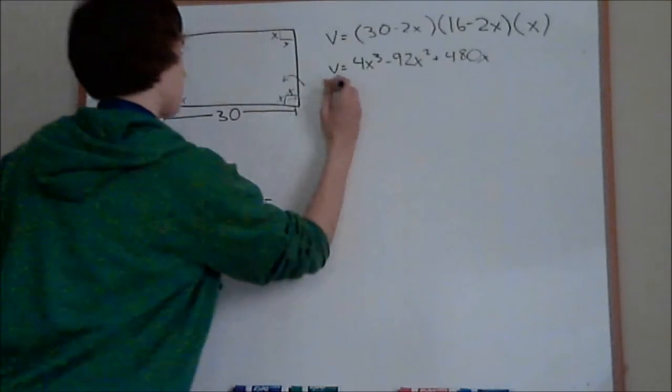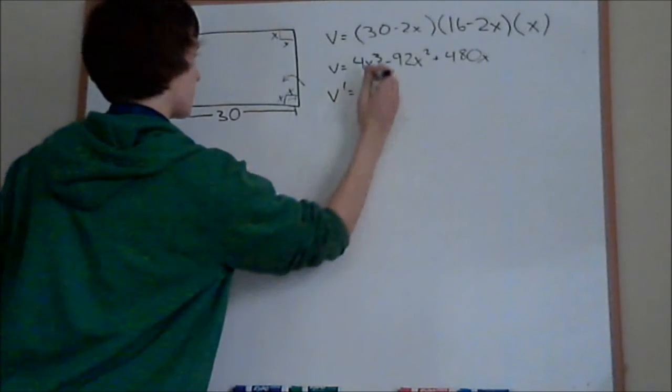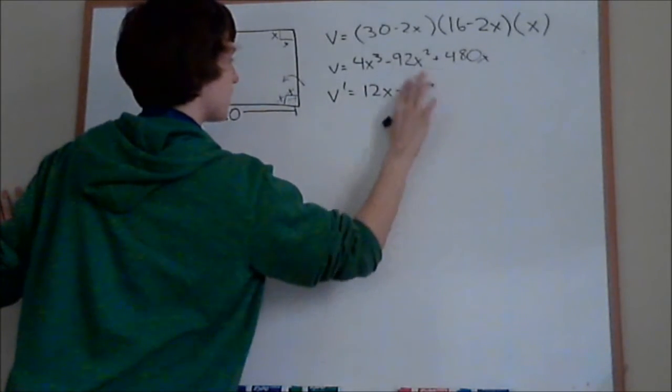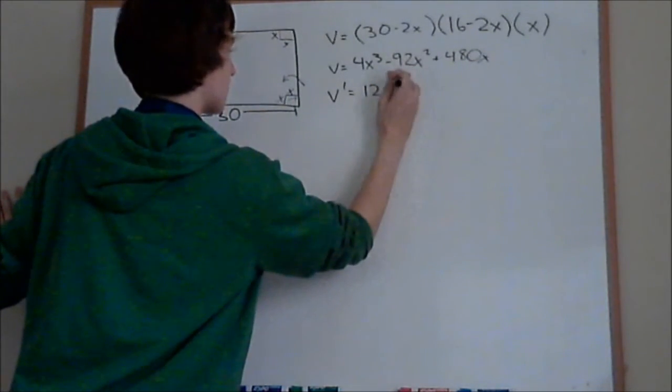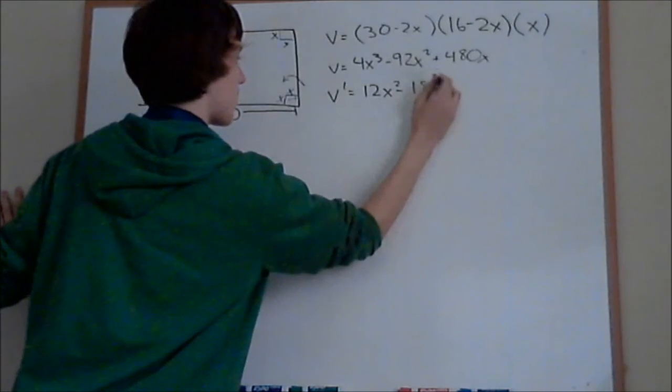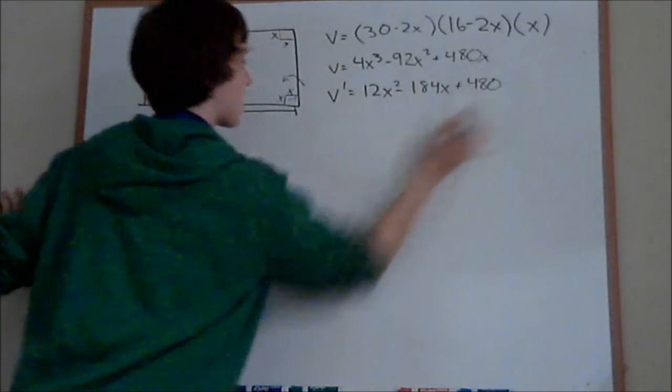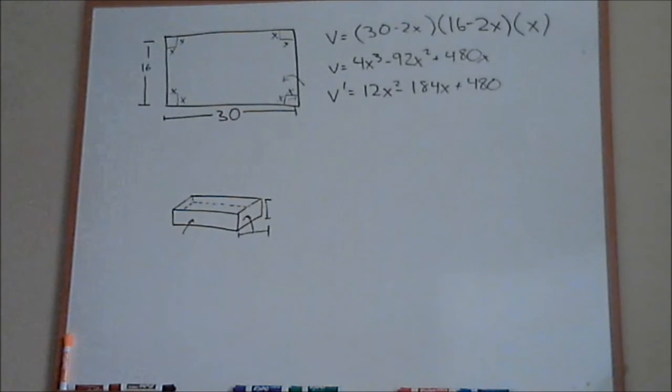So we'll say v prime equals 12x squared minus 184x plus 480. So now we have the derivative, and what we see is this does actually factor.